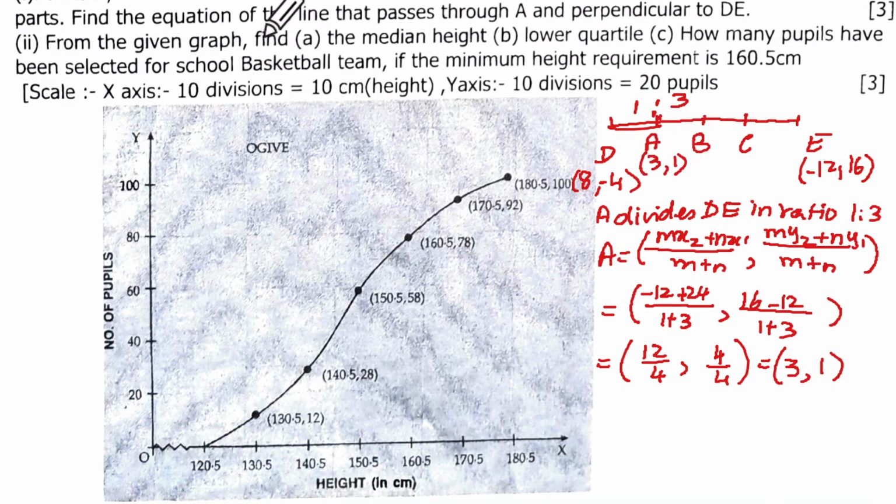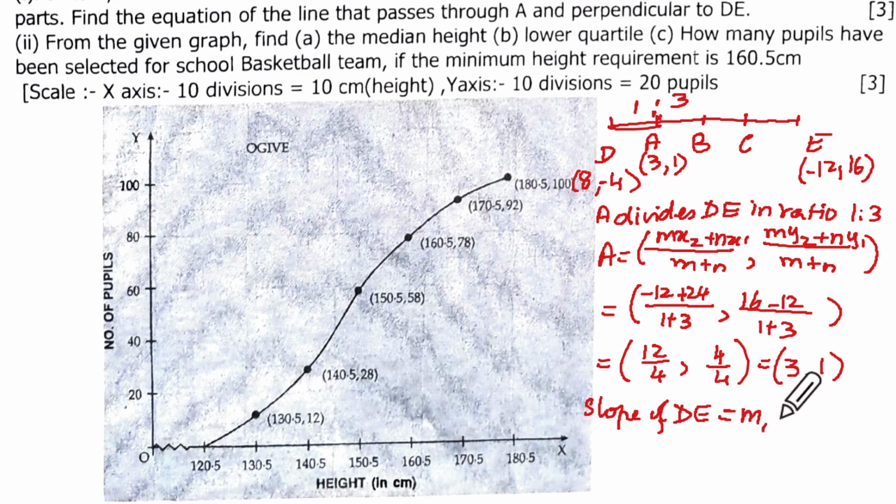So they are telling you find the equation of the line passing through A and perpendicular to DE. Okay, so you will need the slope of DE. What is the slope of DE?